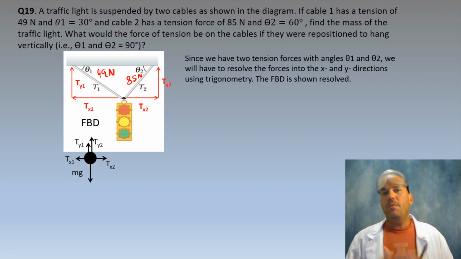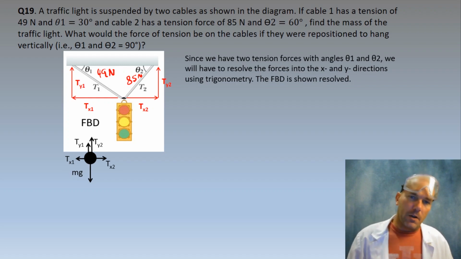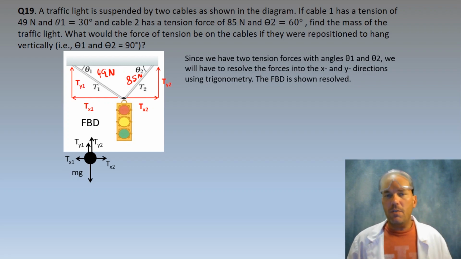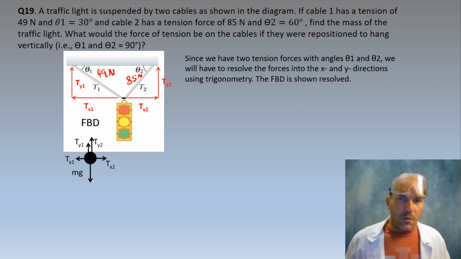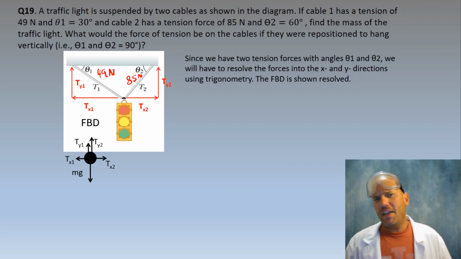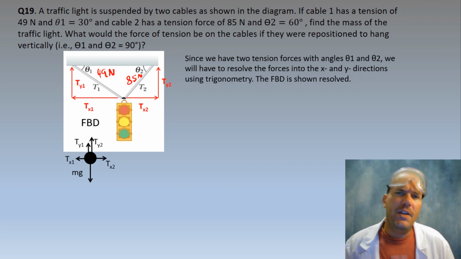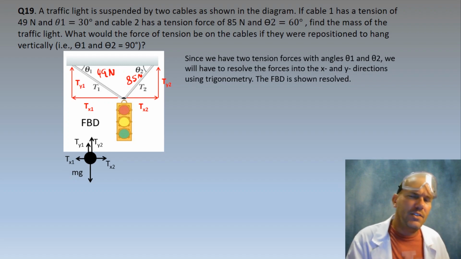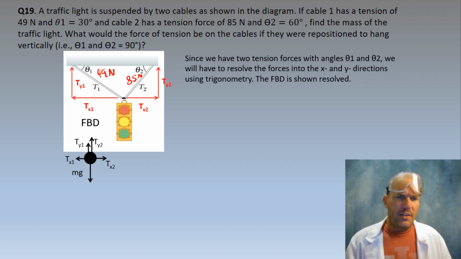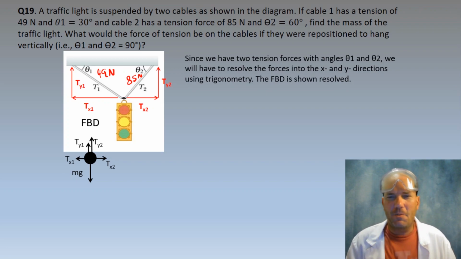So notice we have 2 vertical upward, and that would be the force of tension 1 vertically and force of tension 2 vertically. The downward force is the force of gravity. We also have a horizontal force of tension for both tension 1 and tension 2. And those have been shown on the free body diagram, one acting to the left, one acting to the right.